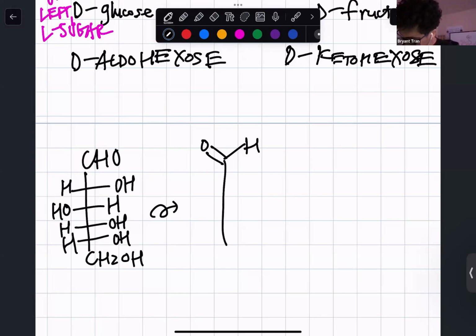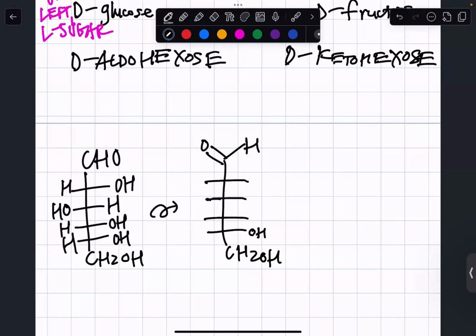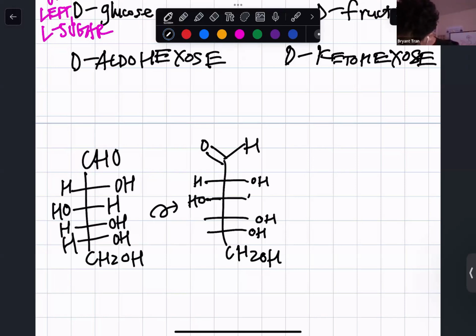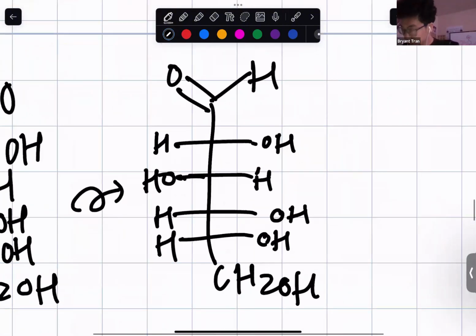to show that functional group more clearly. 2, 3, 4. H, OH. So okay. Let's say we want to make a 6-membered ring by closing the ring here.